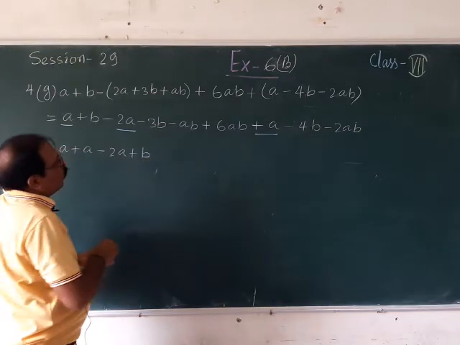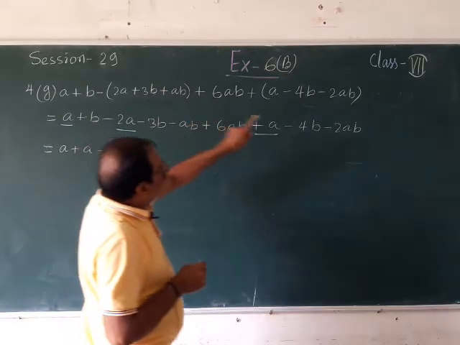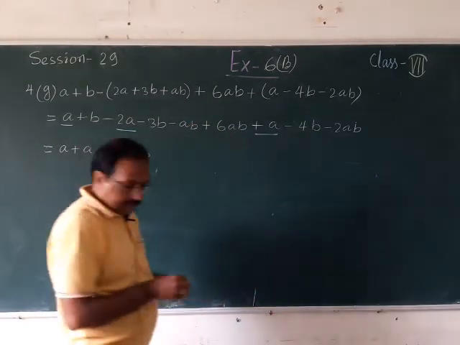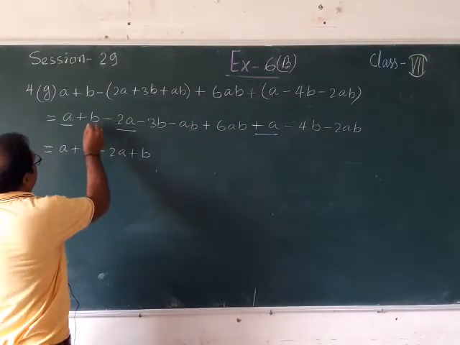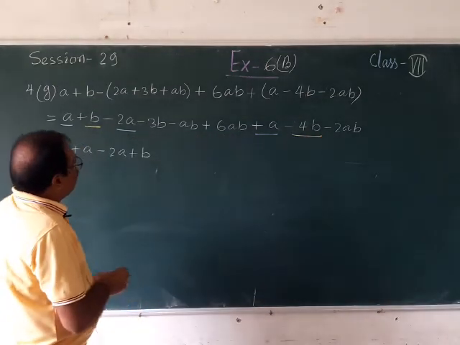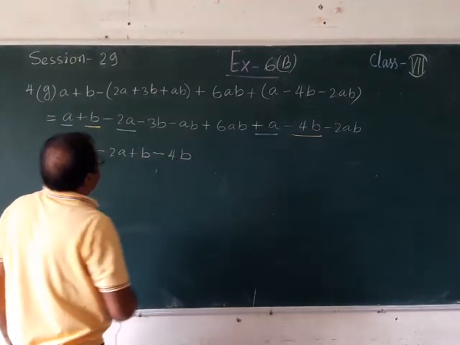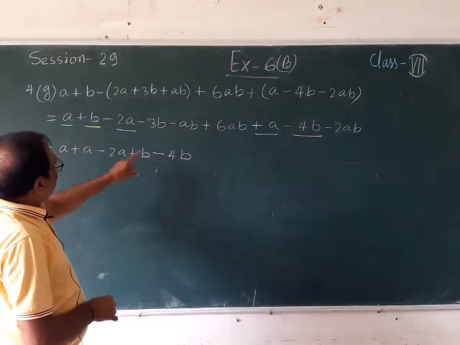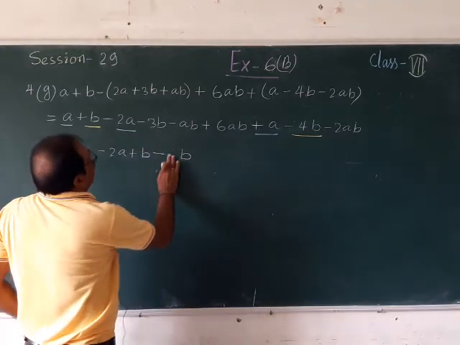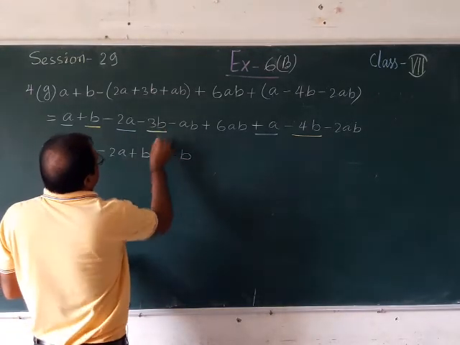Then I will search for b. Here plus b is there. Now you search, here minus 4b is there. So along with this b, this minus 4b should be written. You are going to write here minus 4b. Before that you are having minus 3b also.